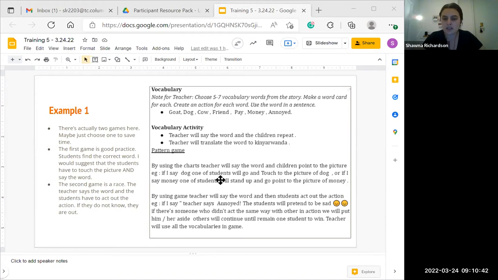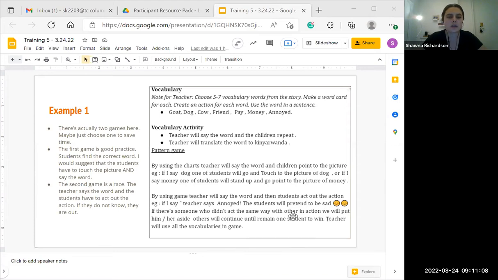I would suggest that when you have the students touch the picture, also have them say it. If the teacher says dog, one of the students will go touch the picture and say the word dog, because we want to make sure students are practicing. The second game is a little acting race game, which was fun.